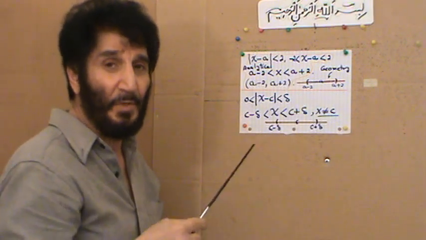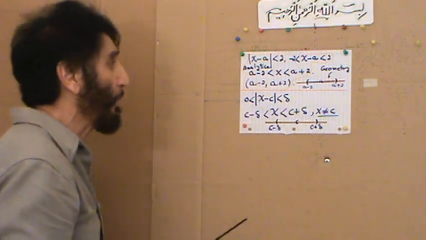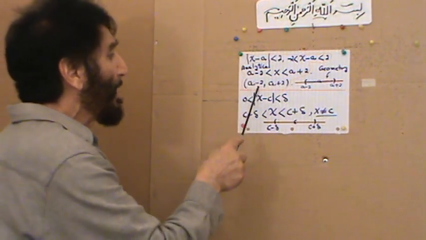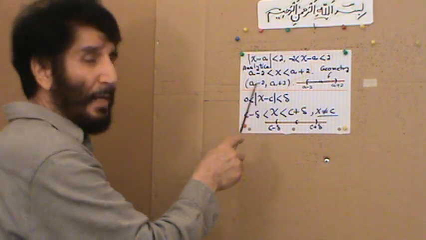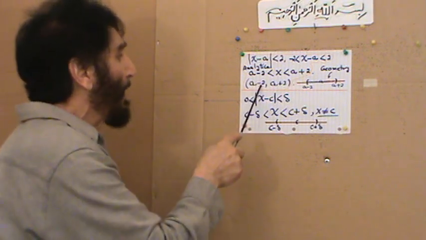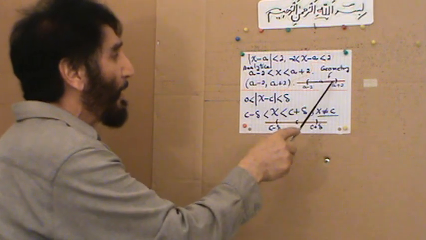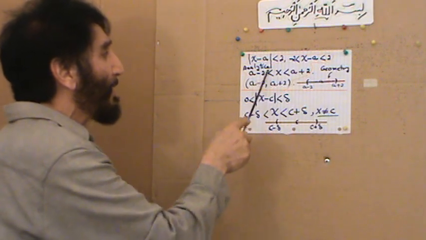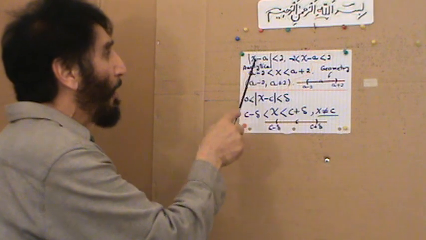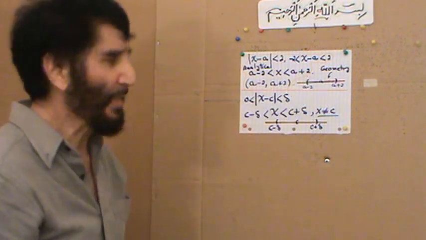That's very important to see. We will see it when we go to the delta part. In interval notation, we write a minus 2 comma a plus 2. That's the geometrical representation of this expression, which is from basic algebra.